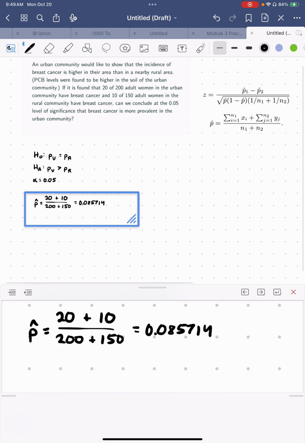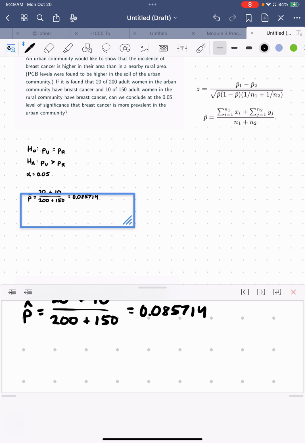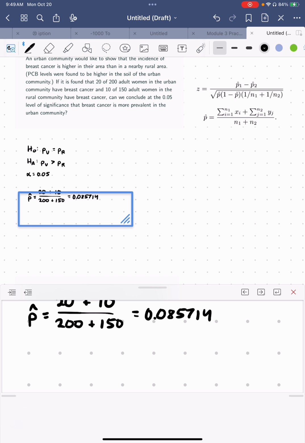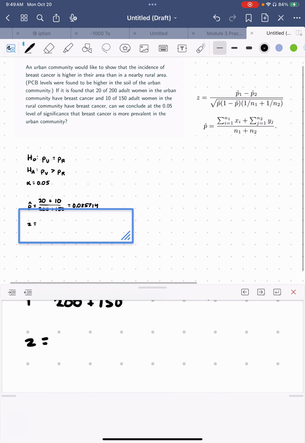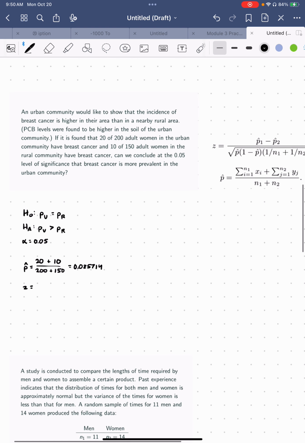Now that we have our p-value, we can solve for our z-value. So we have z over here, and we can first mark our values in our problem. Our p1 hat should be 20 divided by 200, and our p2 hat is 10 divided by 150.